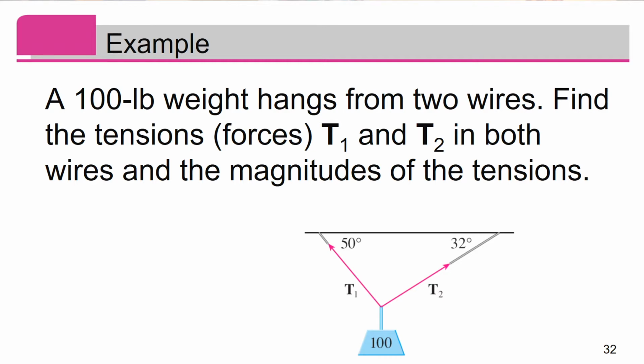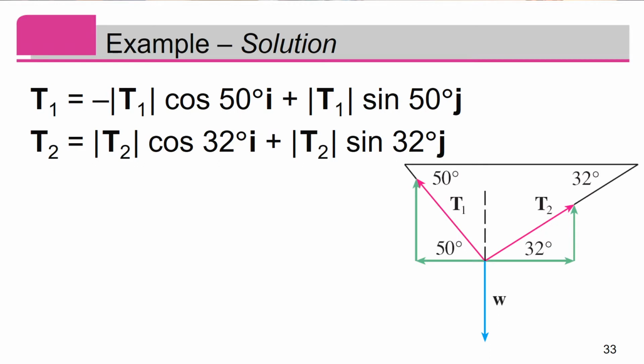What we're going to do is write each of those tensions in terms of their magnitudes. If you imagine that the magnitude of tension one is the amount of force, then tension one, the vector, will be the magnitude times cosine of 50 degrees i, plus the magnitude times the sine of 50 degrees times j.